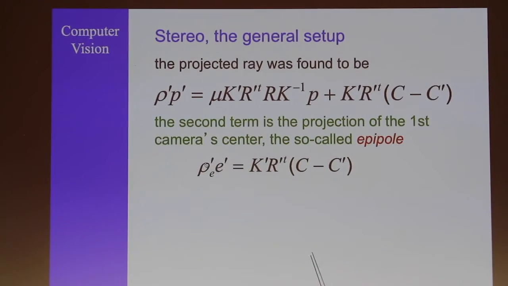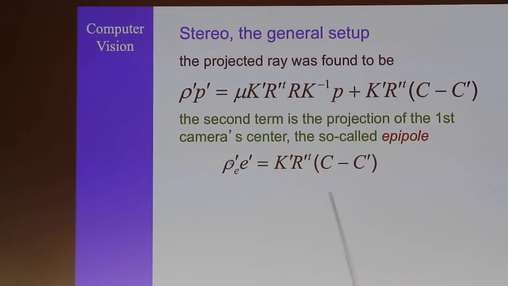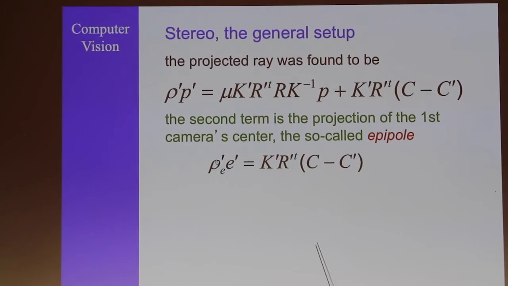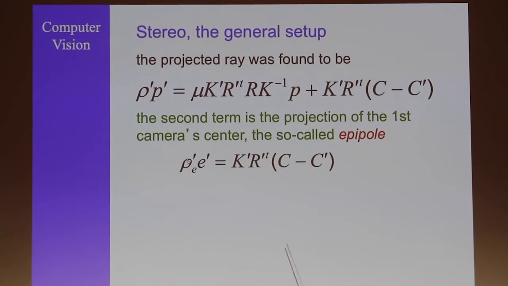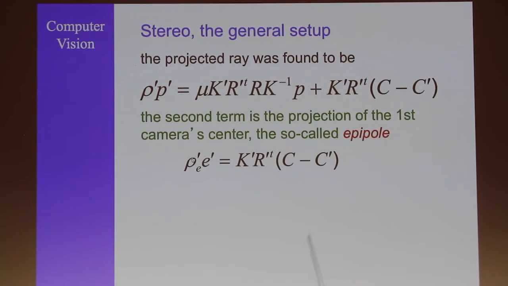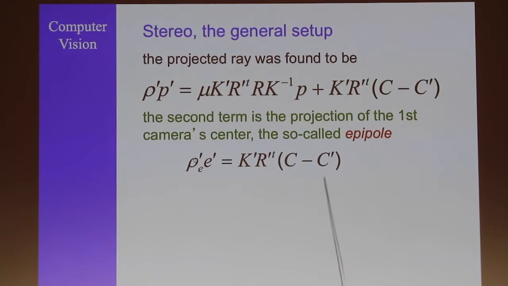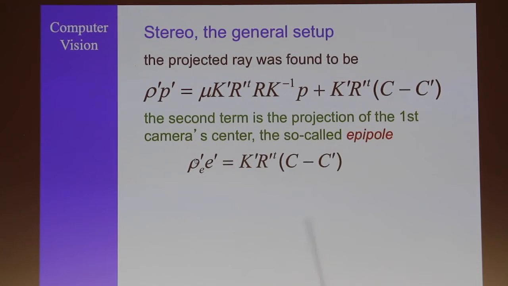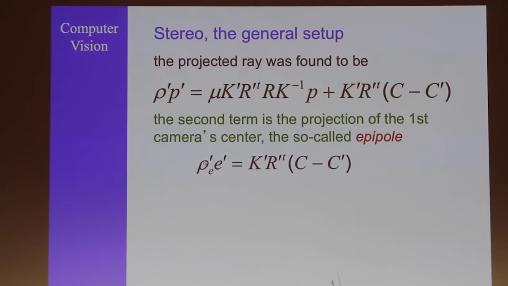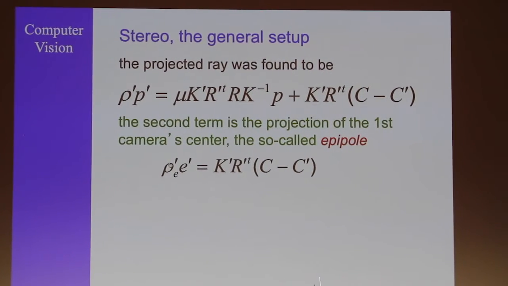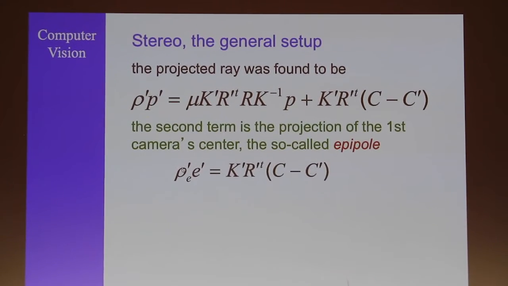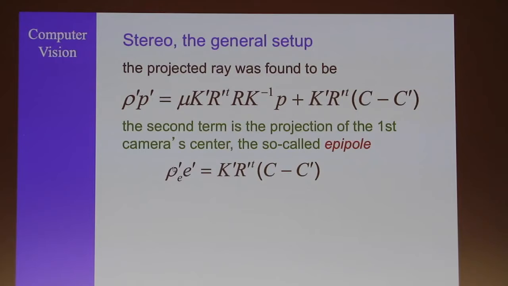In fact, what we have here is a projection equation for the second camera, the one that we had before, like two slides ago or so. But now we don't have P minus C prime, we have C minus C prime. So what this equation gives us is the projection of the position of the first camera, C, on the image plane of the second camera.